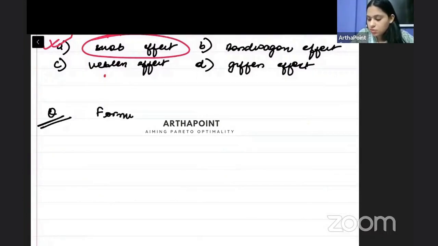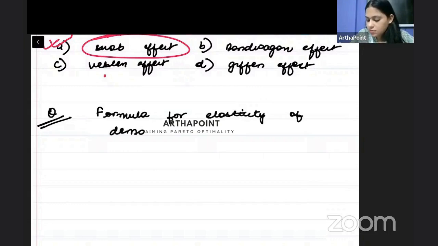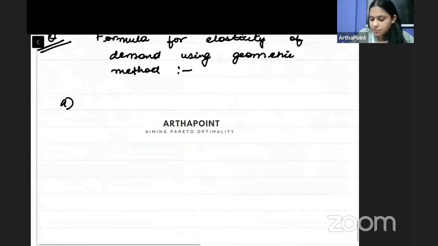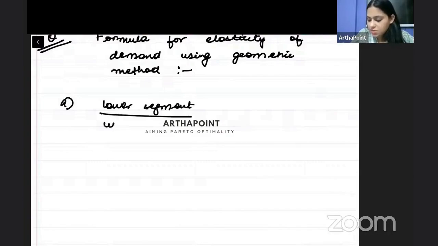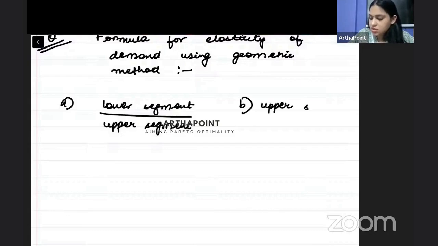Formula for elasticity of demand using geometric method. Option A, lower segment by upper segment. Option B, upper segment by lower segment.